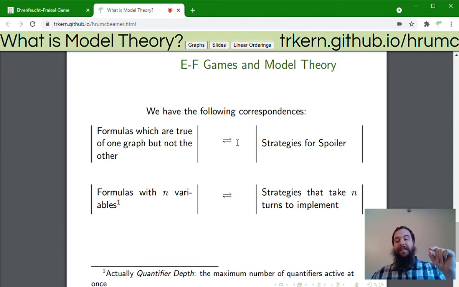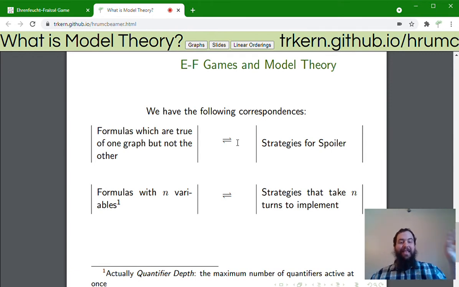And in even more detail, formulas that have n variables in them, and so again, this is actually quantifier depth, but formulas that have n variables in them correspond to strategies that take spoiler n turns to implement.